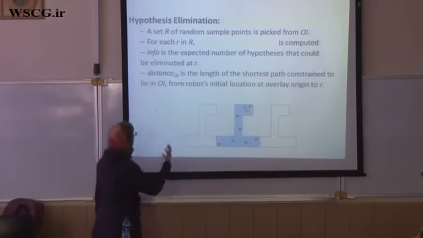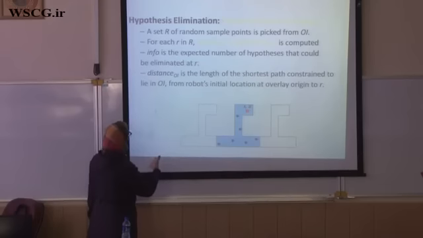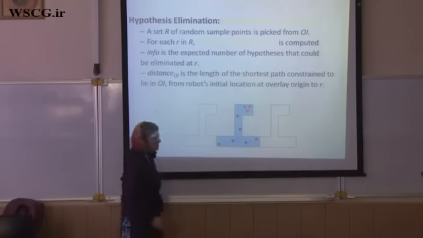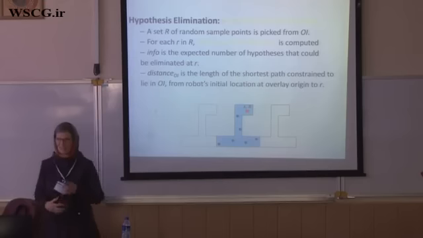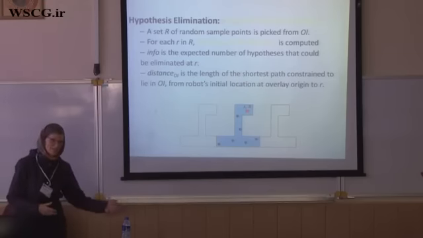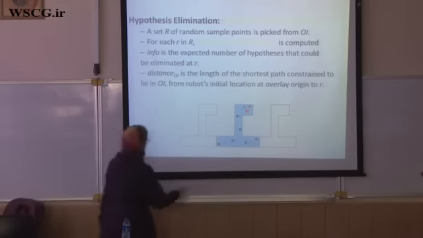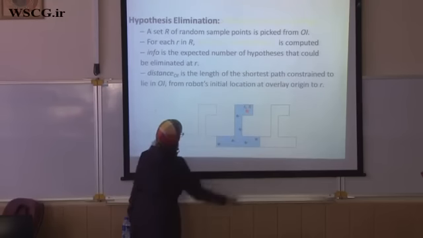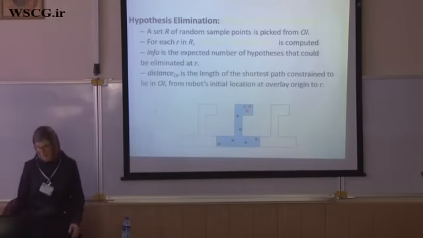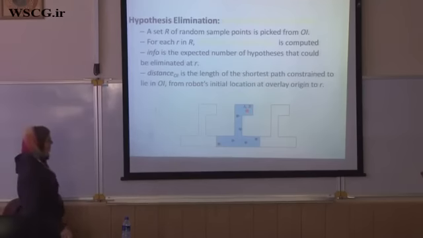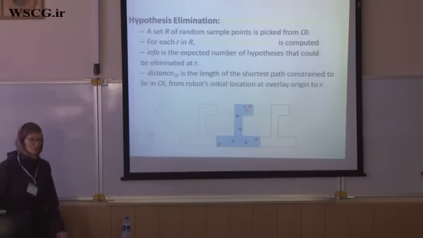So I can normalize how much information I get by how much distance I travel, so I get information per unit distance as a value of interest for each of these points. And maybe none of those points are useful to me at all. I don't know. Then I have to randomly sample again or increase the number of points I'm sampling.